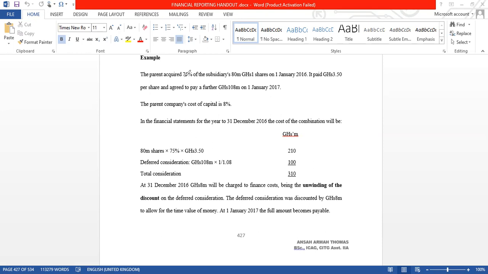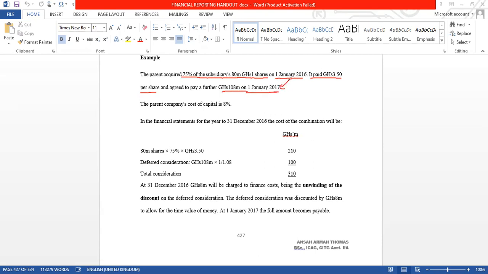So the parent acquired 75% of 80 million ordinary shares of one Ghana cedi on 1st January 2016. It paid 3.5 per share and agreed to pay a further 108 million on this day.